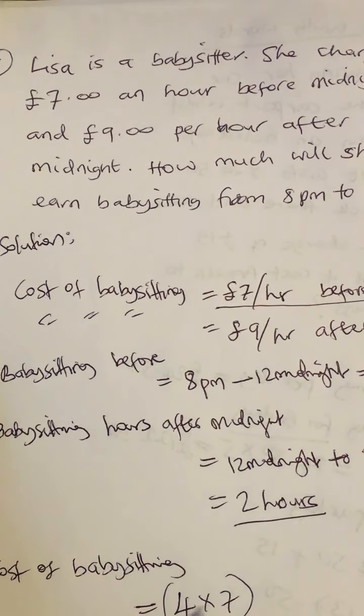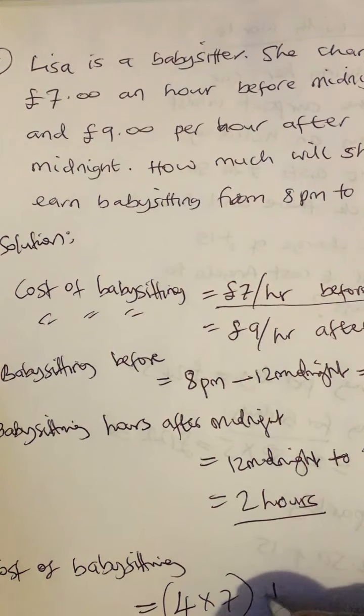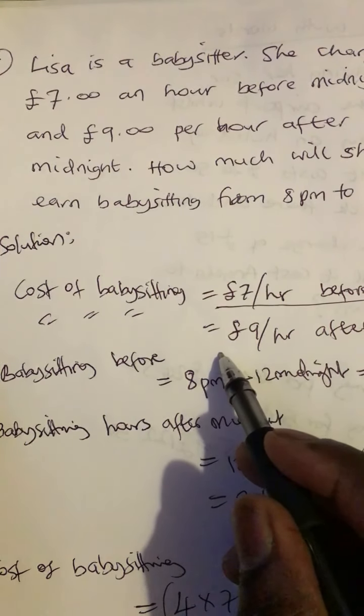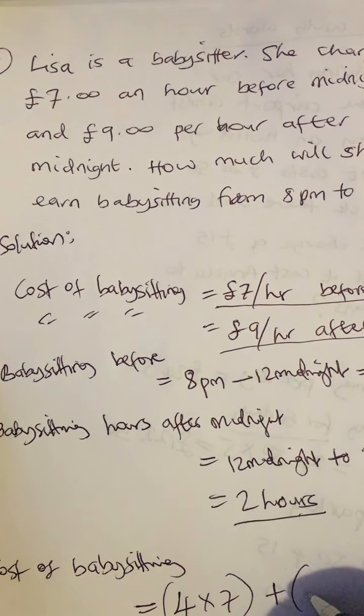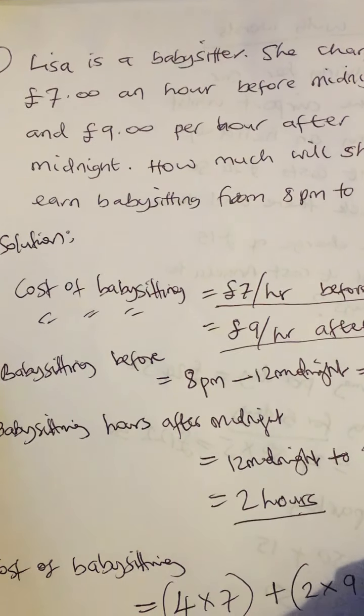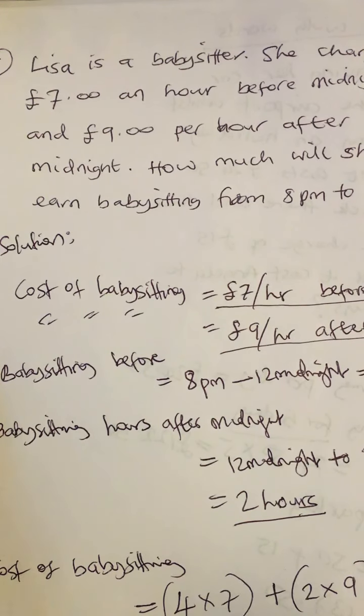That's what she did before midnight, plus after midnight £9 per hour, 2 hours. So we now have 2 hours times £9 per hour. So this will now give us 28 plus 18. So the cost of babysitting for those 6 hours will now give us £46.